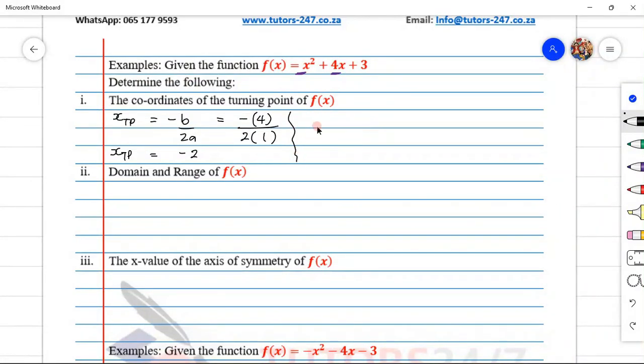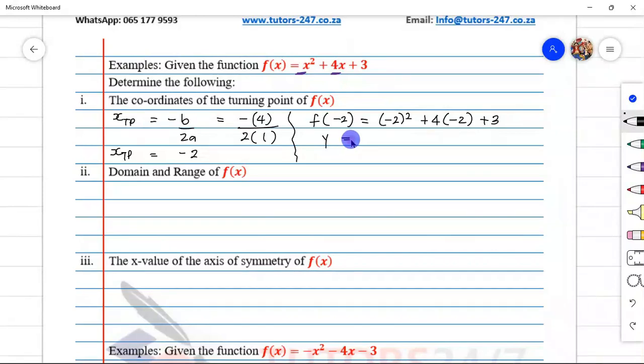Now let's find y. If we want to find y, all we need to do is substitute x into the original function, and that will give us y. So sub in negative 2 squared plus 4 times negative 2 plus 3.